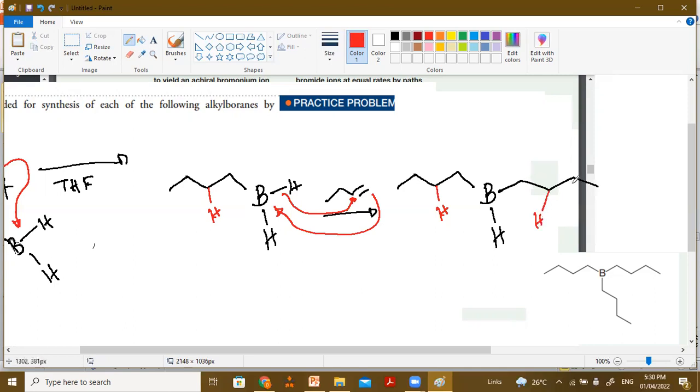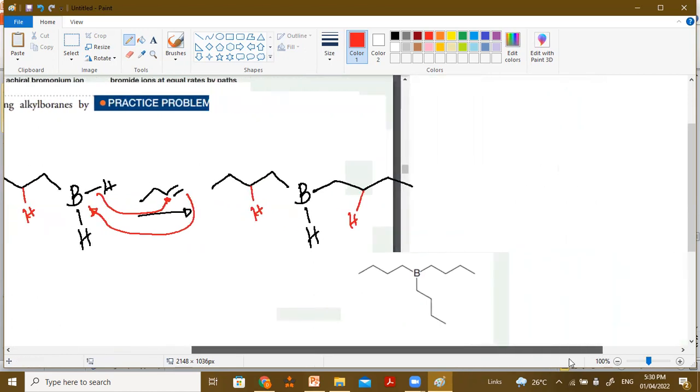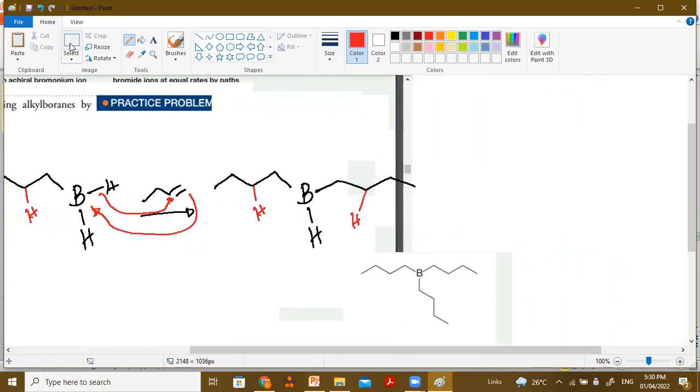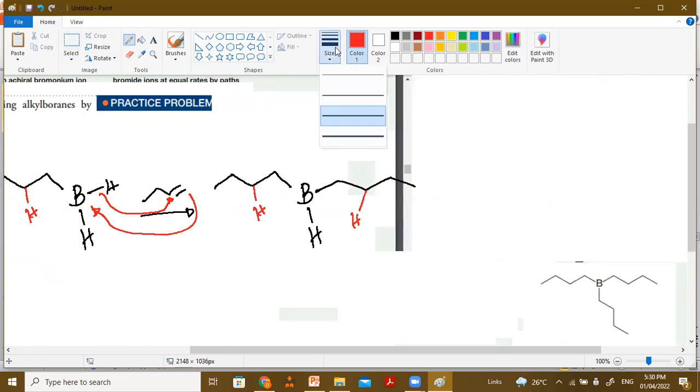Carbon 1, carbon 2, carbon 3, carbon 4. This is where your hydrogen is being added, so another mole of your alkene. It is very simple, right? One, two, three, four.